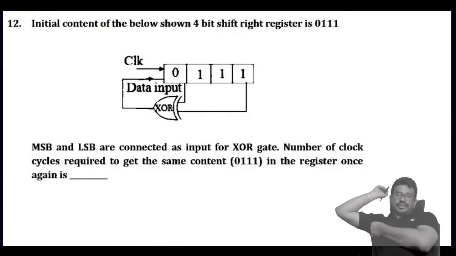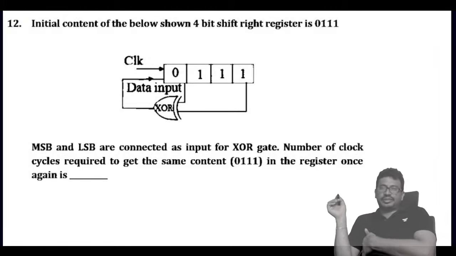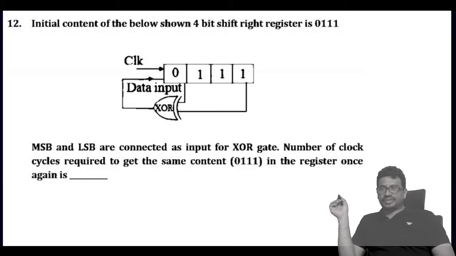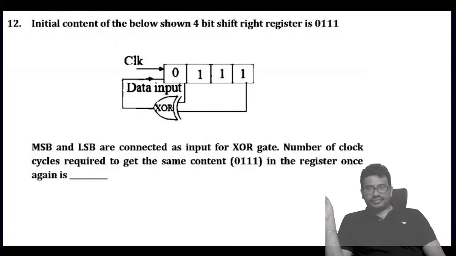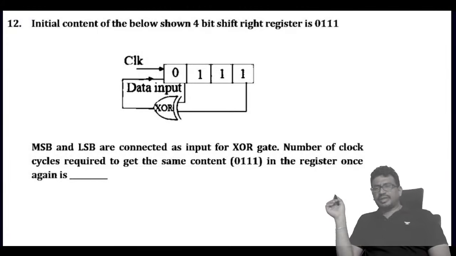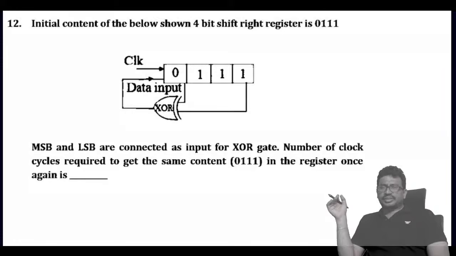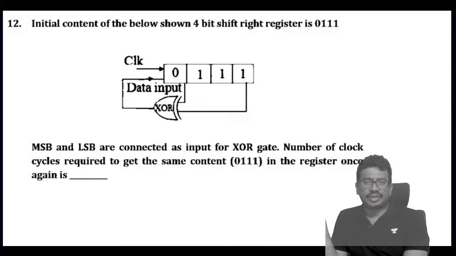Next, the initial content of the 4-bit shift register shown below is given. They are asking to find the number of clocks required to get the same content in the register once again. How many clocks are required?